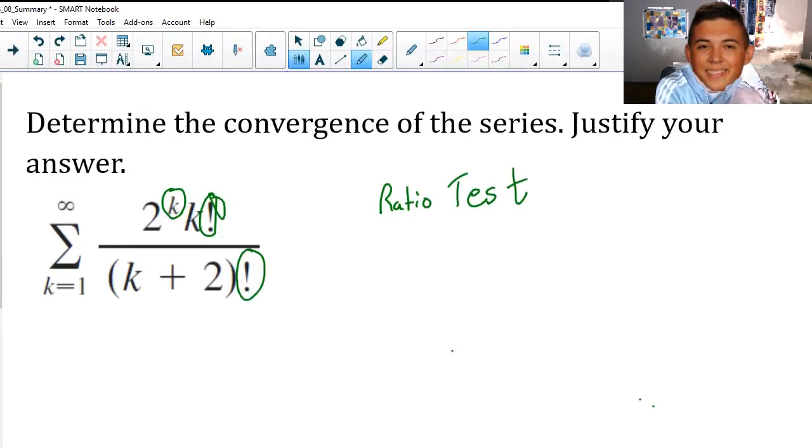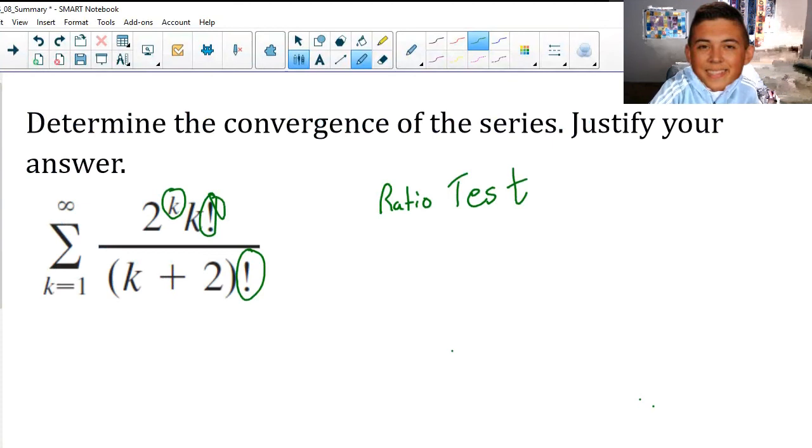So if you want to actually see these done, these are all on that one PDF I sent you that has all the practice problems and the solutions at the end. These are all examples from there. But getting comfortable doing these is just recognizing what is important for a test to work. For ratio test, it helps that we have exponentials, factorials.